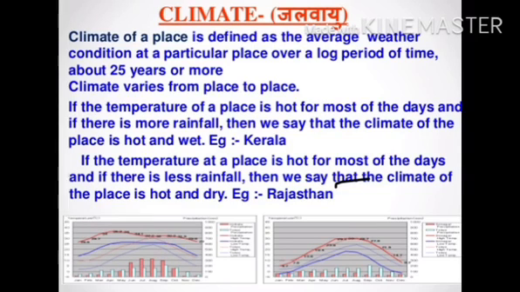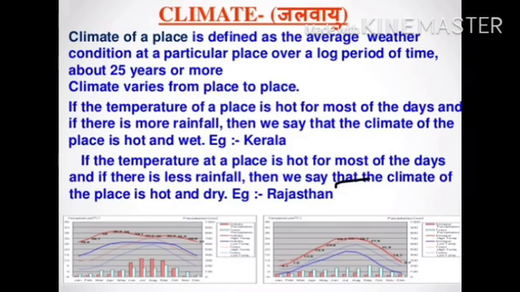Now, climate. Climate of a place is defined as the average weather condition at a particular place over a long period of time, about 25 years or more. Climate varies from place to place.